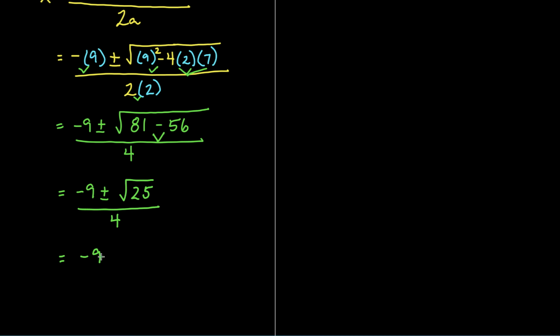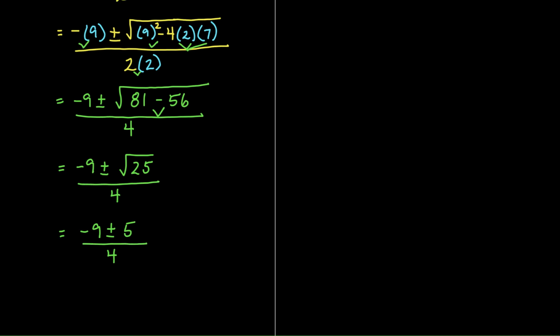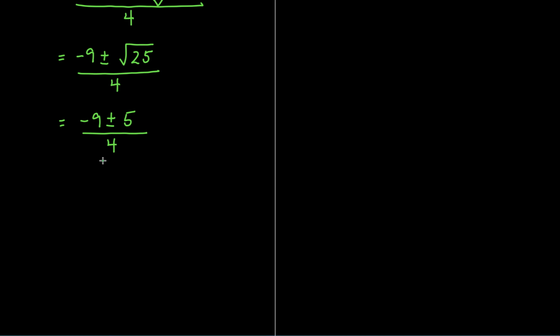So negative 9 plus or minus the square root of 25, which is 5, over 4. Then I'm going to end up with two different possibilities: negative 9 plus 5 over 4, and negative 9 minus 5 over 4, because you can either add or subtract that 5.